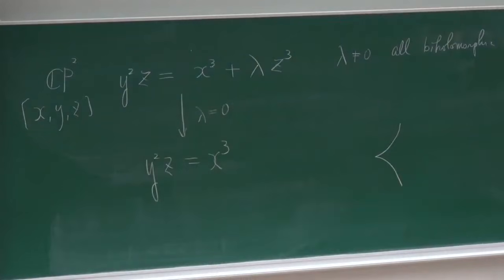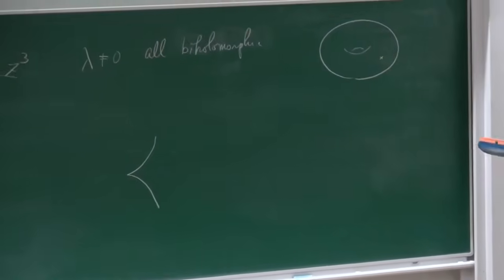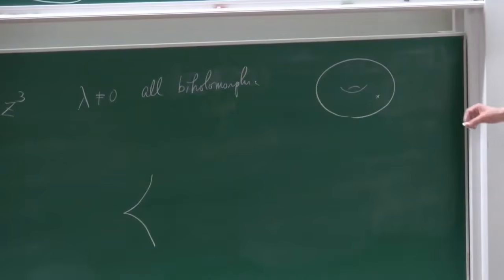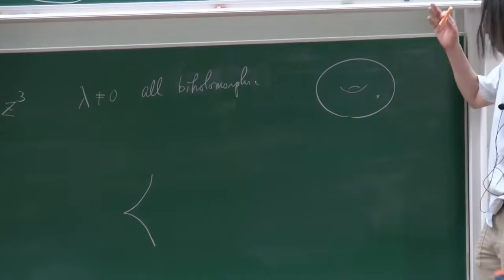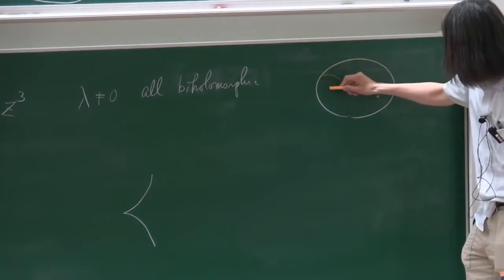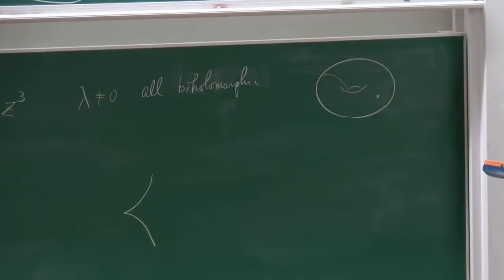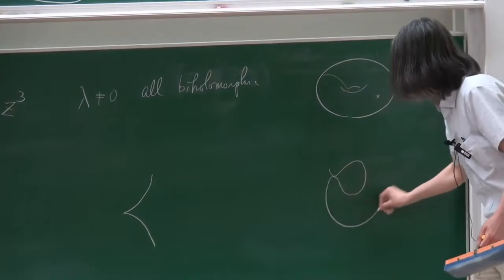Okay. So in the case of elliptic curves with marked points, you have a sequence of metrics, a sequence of Riemann surfaces, and then this kind of closed geodesic may shrink to a point, and then you may end up with these things, right?